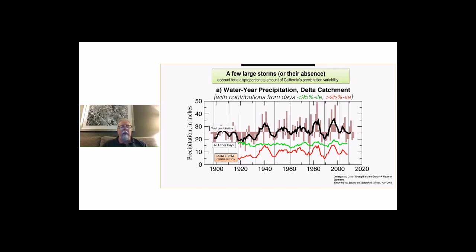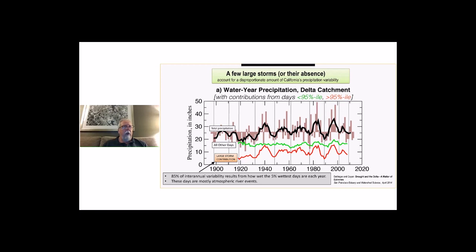Visually, you can easily see how the red curve explains more of the variation in the total precip, meaning that essentially the 5% wettest days each year explain 85% of the variance in annual precipitation, and those 5% wettest days are almost entirely ARs.